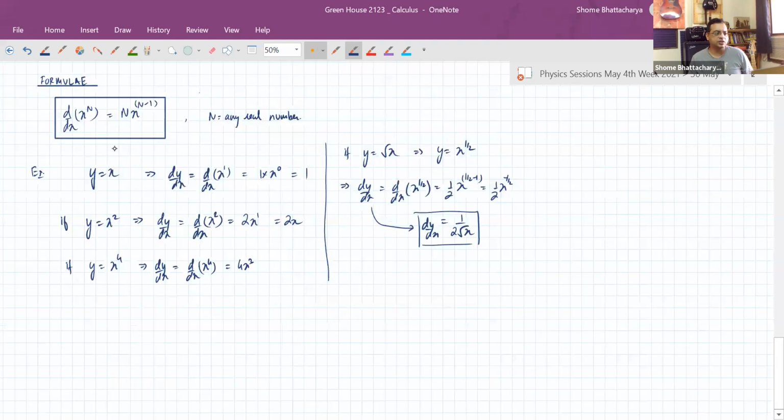Okay, so I had a few examples of this kind of differentiation in the worksheet last time. So hope you tried that out, and we'll discuss some of those examples in a little time. So in the meantime, as you're noting this down, just find dy by dx for the following.